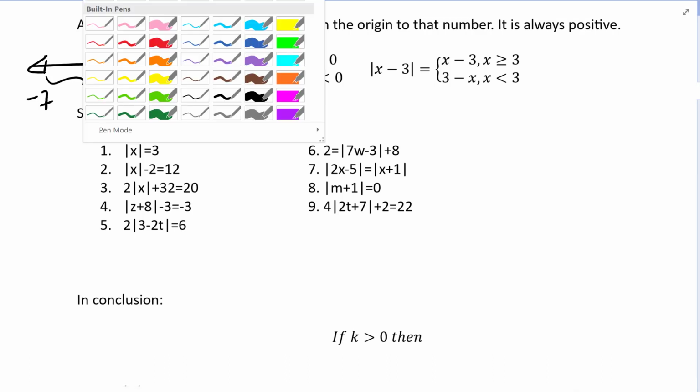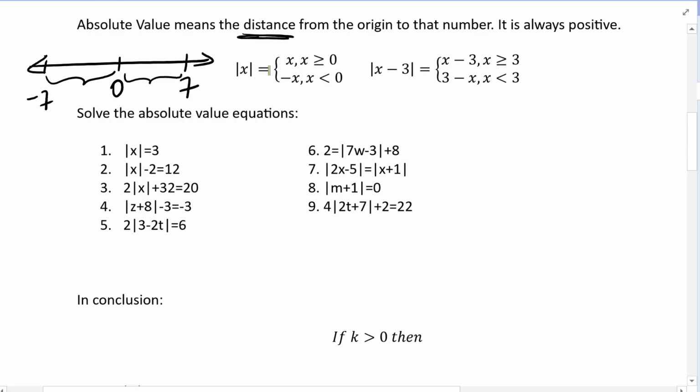Now the definition. If I want to write absolute value of x analytically as a function, it equals x if x is greater than or equal to 0, or negative x if x is less than 0. This usually confuses people because we said it's always positive.